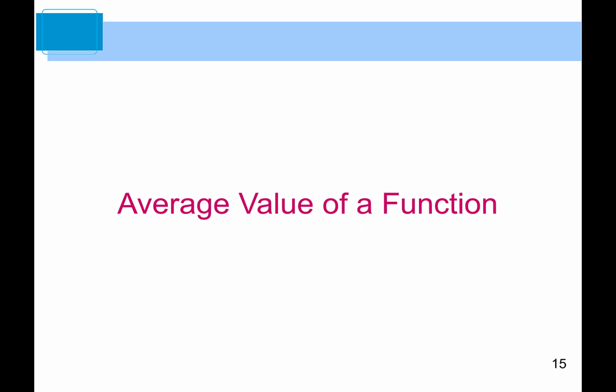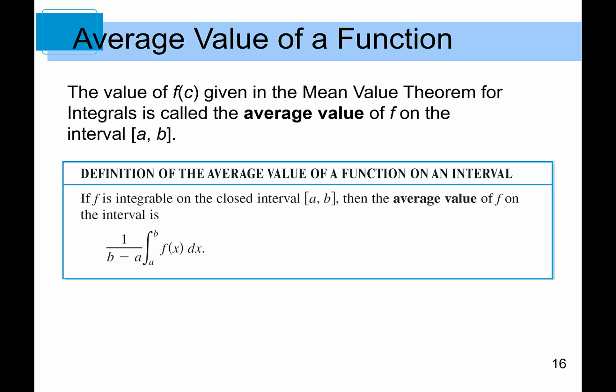Another important application is the average value of a function. It's defined like this: f of c in the mean value theorem for integrals is called the average value of f of x on a closed interval a comma b.